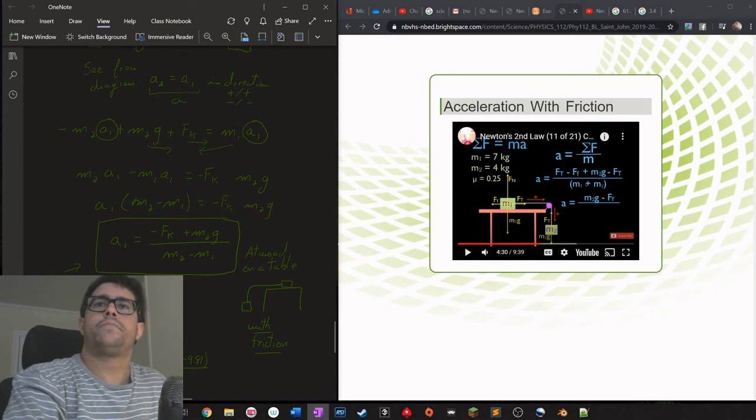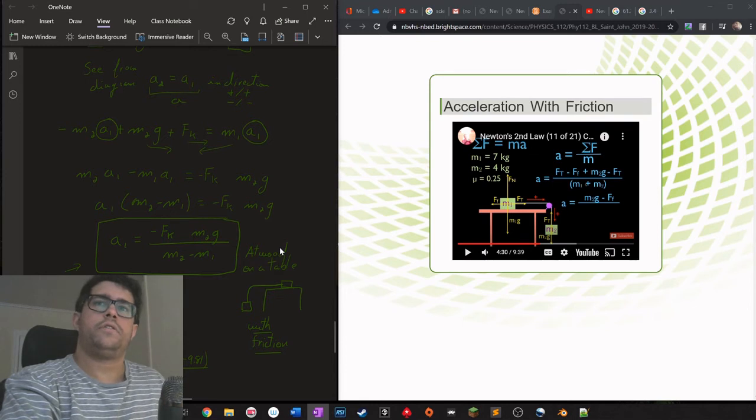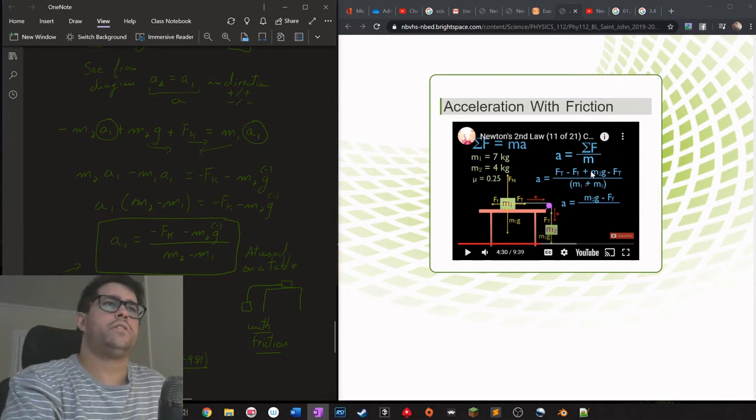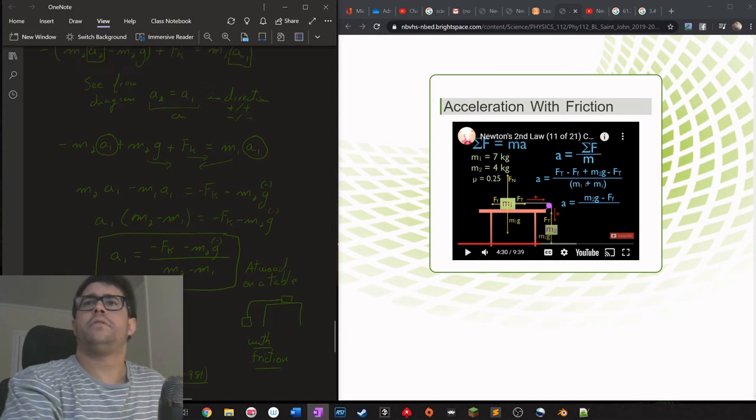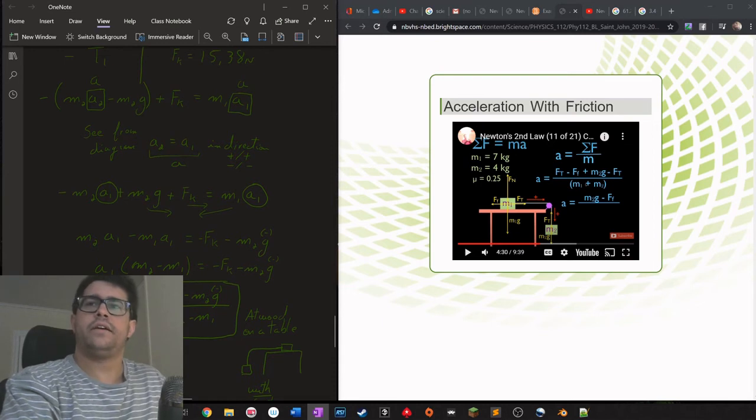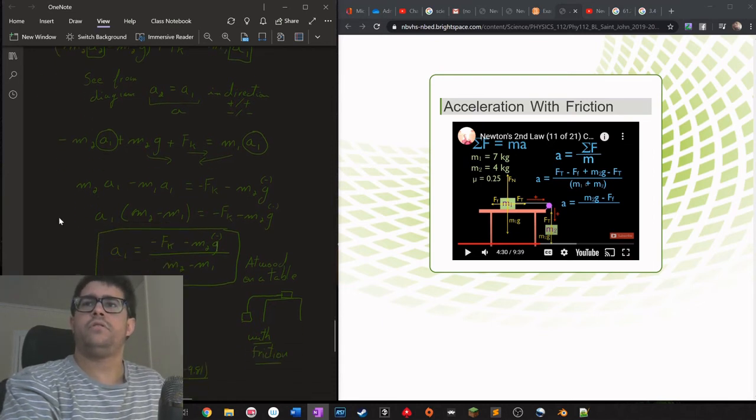But this actually makes sense now because this G is negative, and that gives us a positive mg back. Okay, and then we put a negative here.